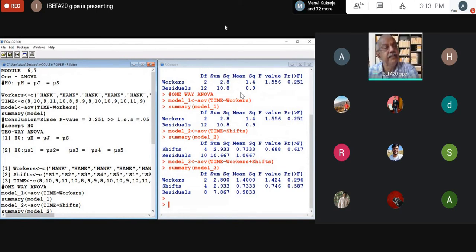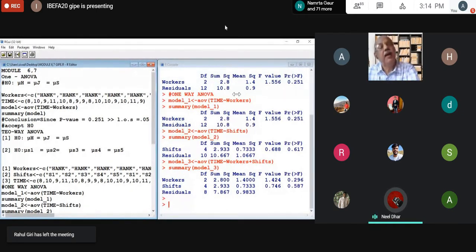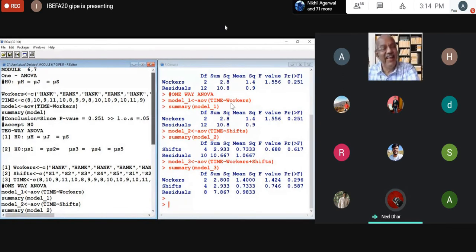Yes. Sir, from what I've understood, model 1 tells us if the mean of the different people are similar or same or not, that is our H naught. Yes. In model 2, we try to find out if the mean over the different shifts are same or not. Yes. And I can't understand what model 3 is still telling us.